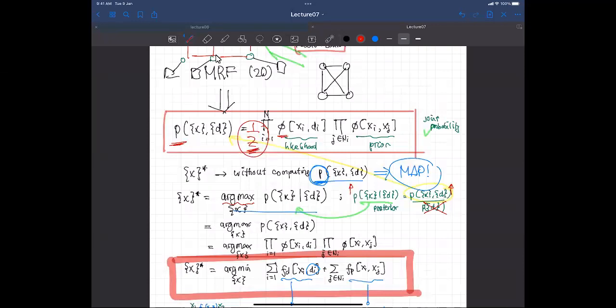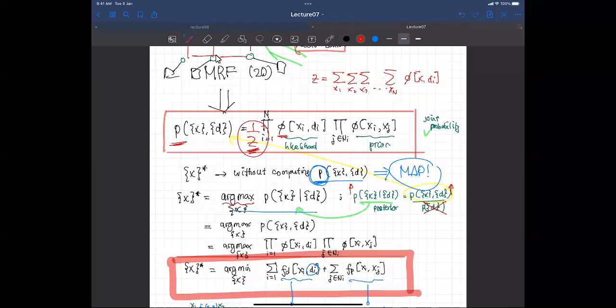And to compute z is very expensive. Why is that expensive? I already explained this last week. Z is actually the sum over x1, over x2, over x3, over whatever x you have, for example, xn here. And then you have to compute phi of xi, di multiplied together.